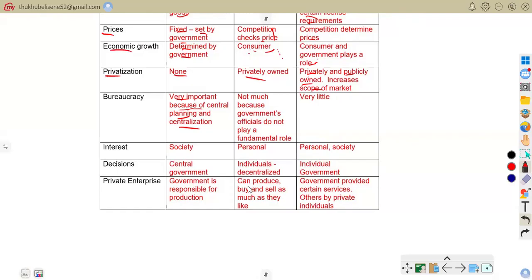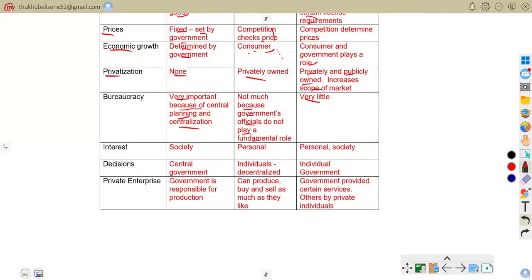But under market, it says not much because government officials do not play a fundamental role. So under market, there is low bureaucracy. But under a mixed economy, we have very little. So that is a moderate bureaucracy.